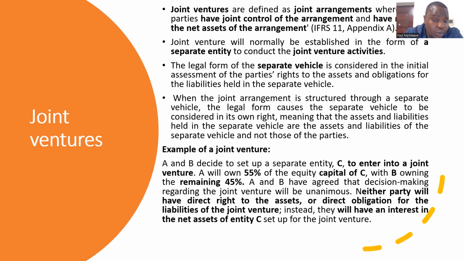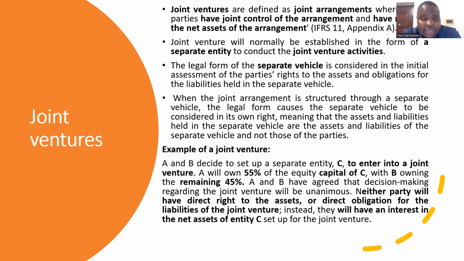For example, if A owns 50% of the equity capital of C, with B owning the other 50%, A and B may agree that decision-making regarding the joint venture will be unanimous. And no person, no company can make a decision on their own unless otherwise stated in the contract.